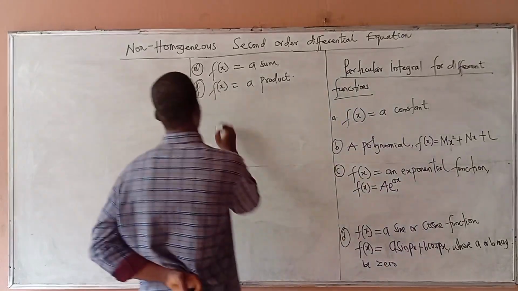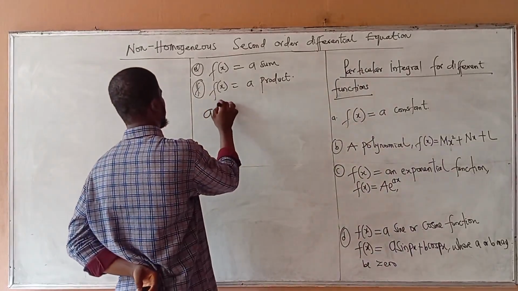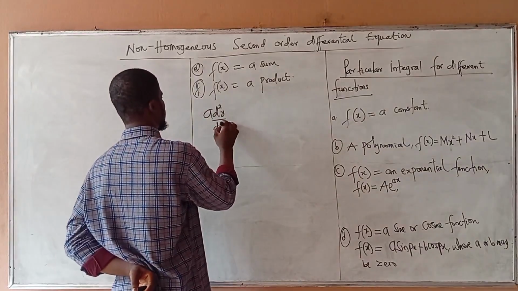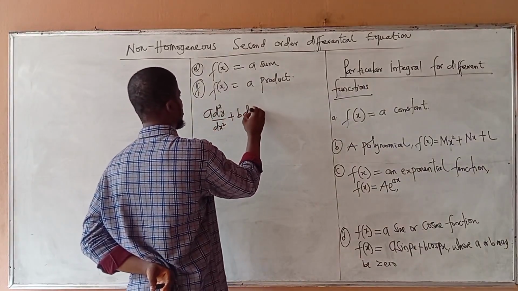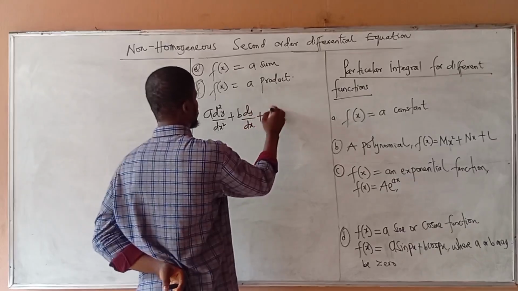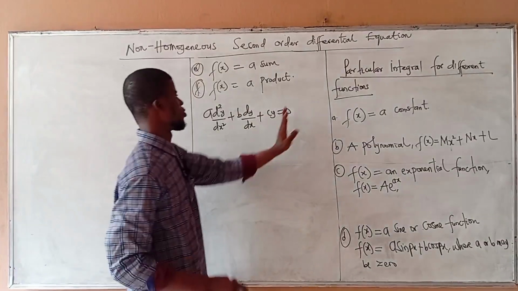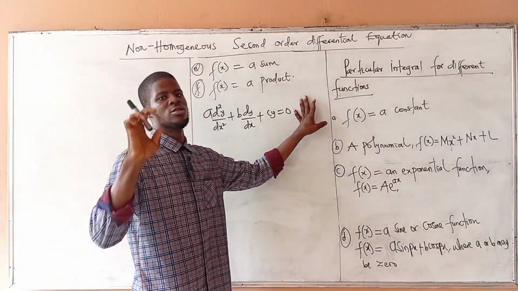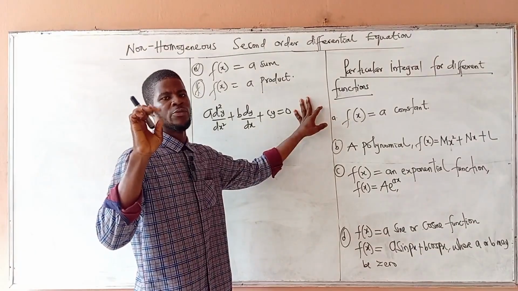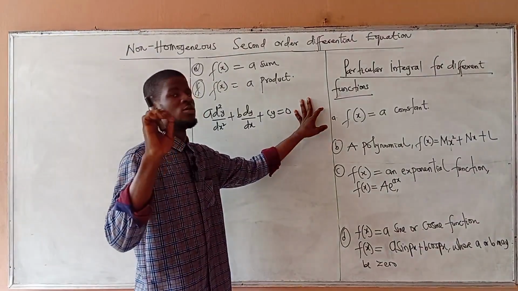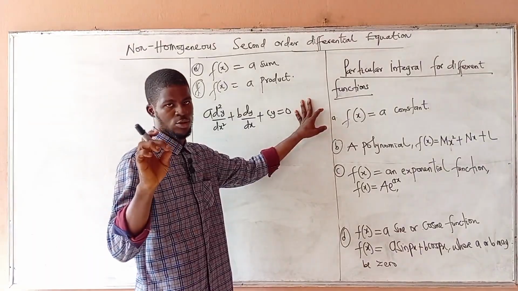a d²y/dx² plus b dy/dx plus cy equals 0. If the function at the right hand side is 0, then the differential equation is said to be homogeneous.